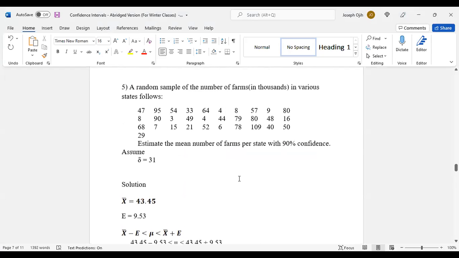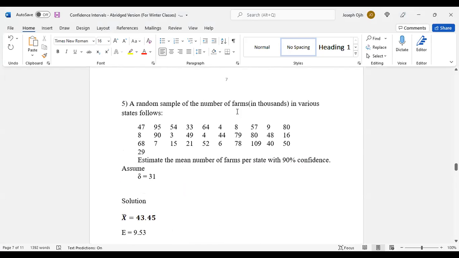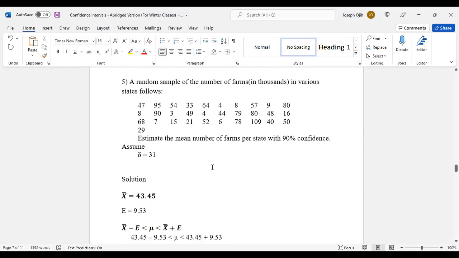So now this represents the number of farms in various states. Okay, estimate the mean number of farms per state with 90% confidence.